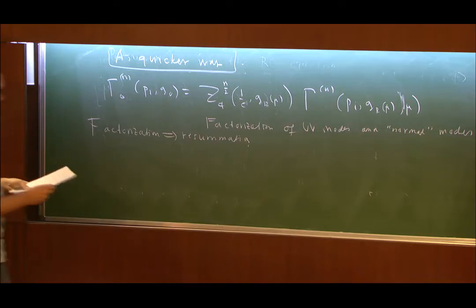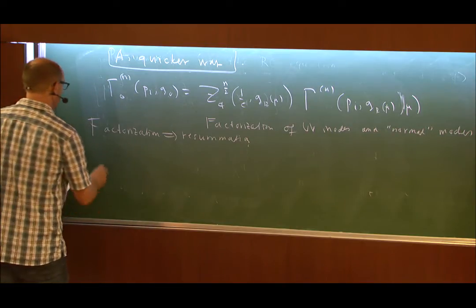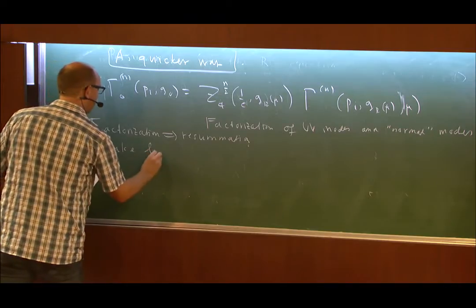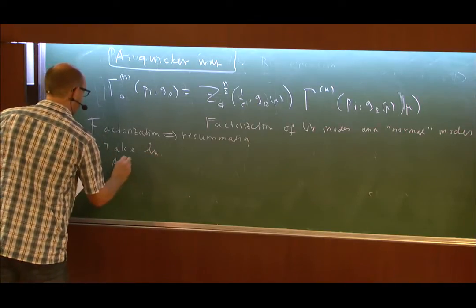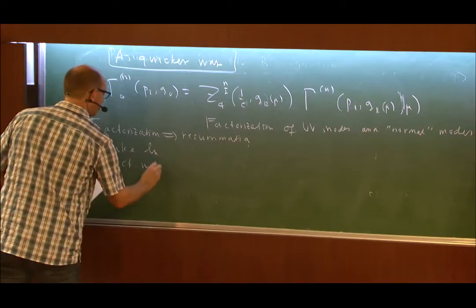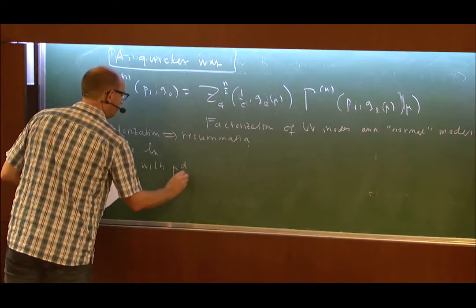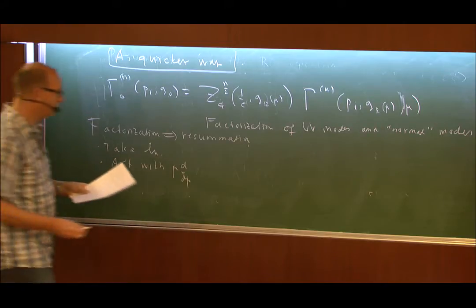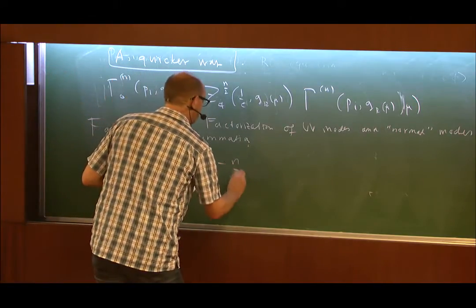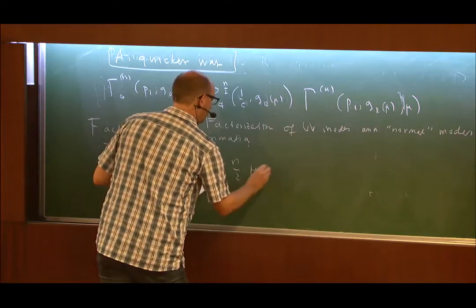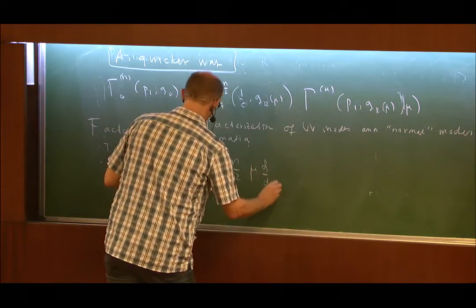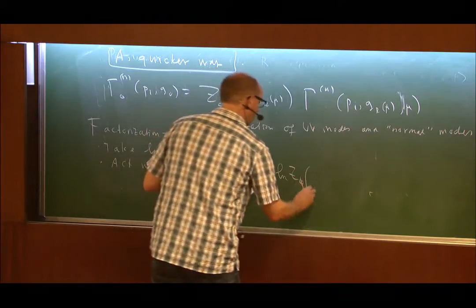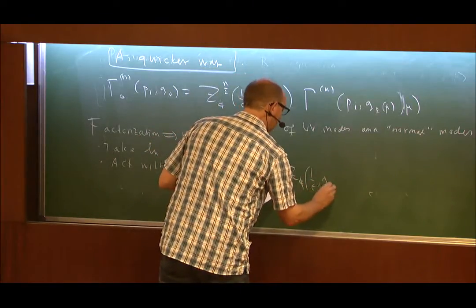So take the logarithm, take ln, act with mu d/d mu. Those two steps, and then we get the following equation: minus n over 2 mu d/d mu on the log of the phi with 1 over epsilon. I make a point of writing the arguments here.